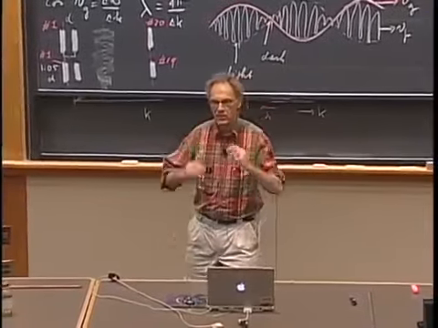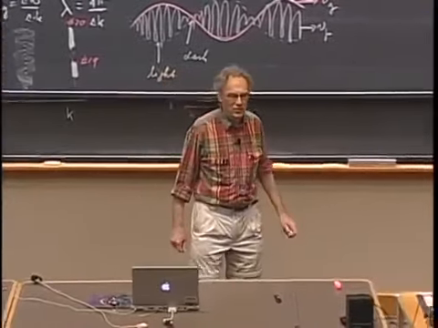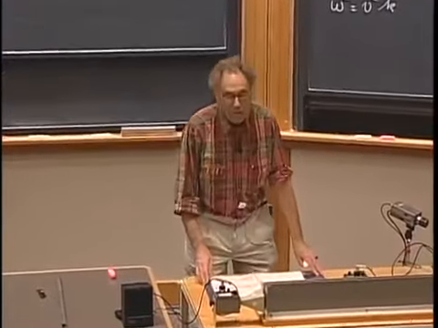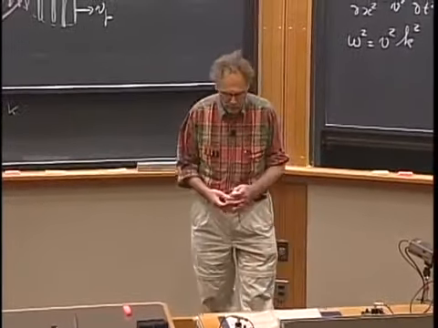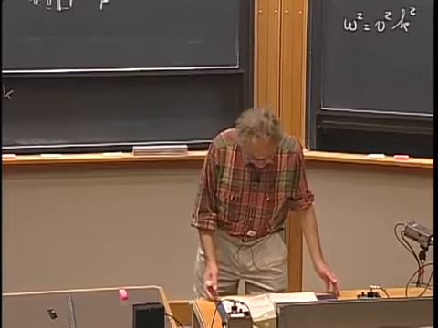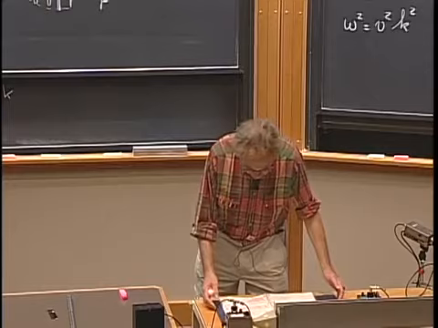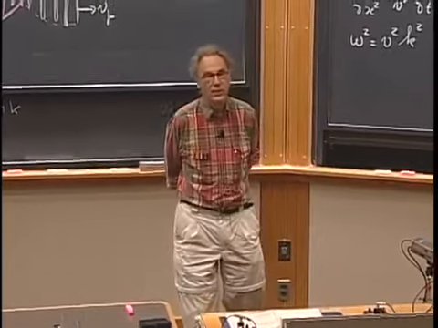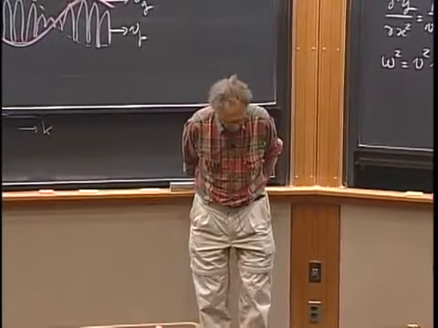It wants to straighten out. And that's the result of stiffness. It is due to the stiffness that you get an extra restoring force, which we have ignored. We didn't take that into account. And the restoring force due to stiffness turns out to be proportional to k to the power 4. It's inversely proportional to the wavelength to the power 4.